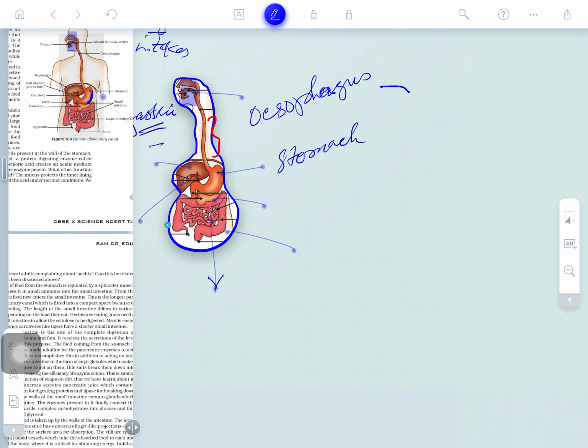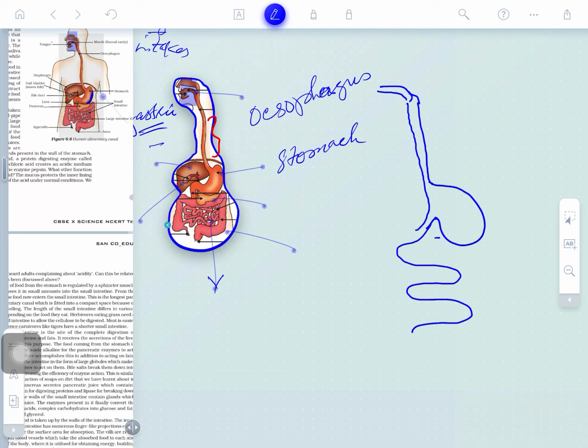Simply draw the esophagus, the food pipe, and this delivers into the stomach. The stomach is to be drawn in this manner, and further on comes the highly coiled small intestine. You can understand the alimentary canal here.